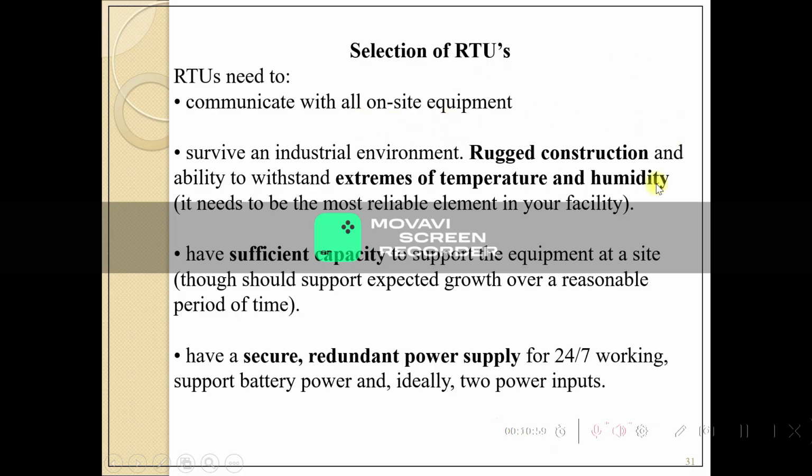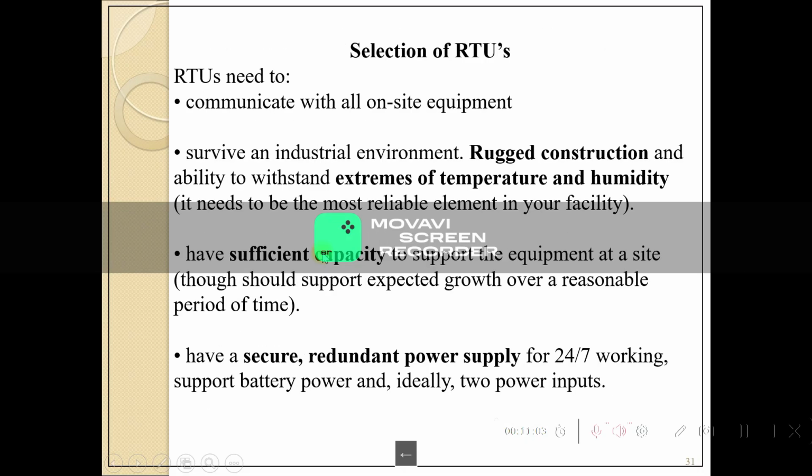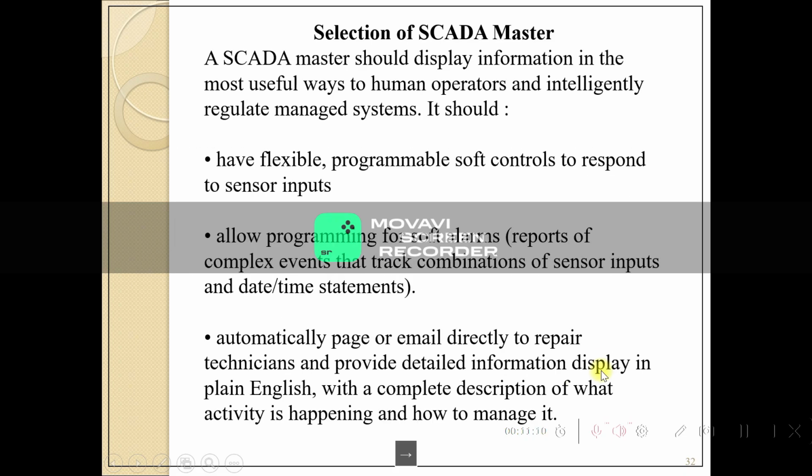The construction is rigid, with sufficient capacities and a secure redundant power supply, 24 hours a day, 7 days a week. Selection of SCADA masters: the SCADA master should display information in the most useful way to human operators and intelligently regulate managed systems.